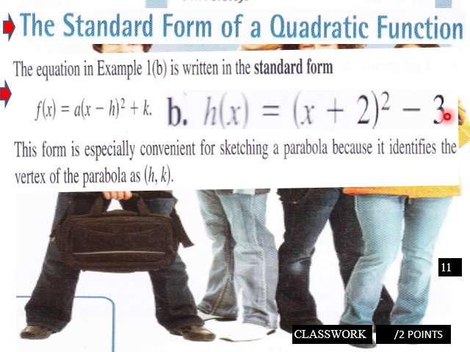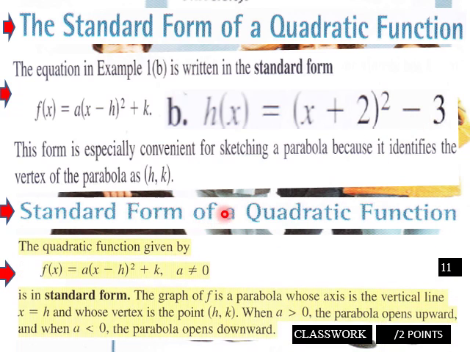So the x-coordinate of the vertex of the parabola will be the negative of h, in this situation negative 2, and then our k, the y-coordinate, would be negative 3. So it's the standard form of vertex form.